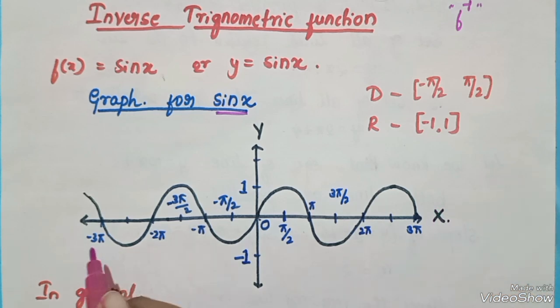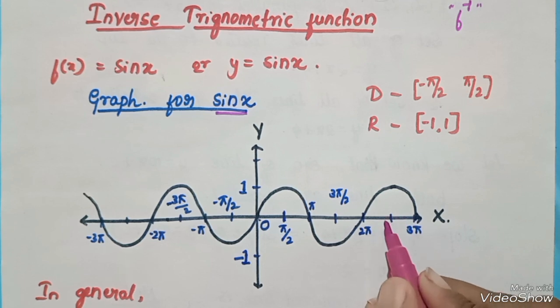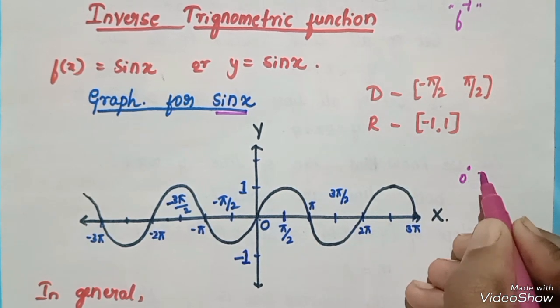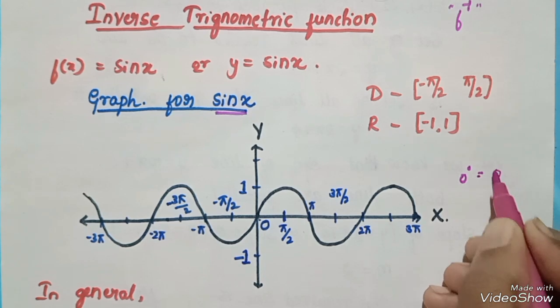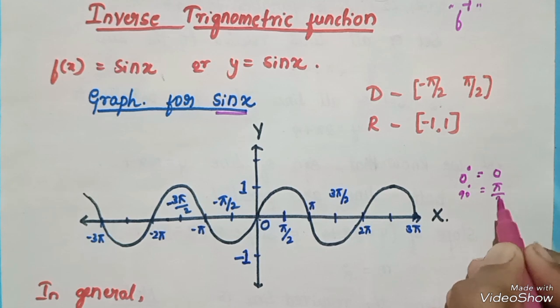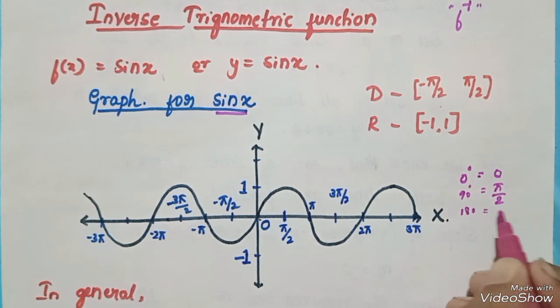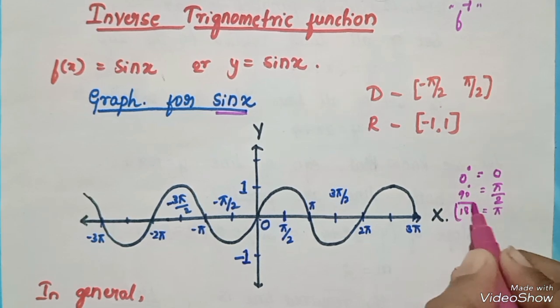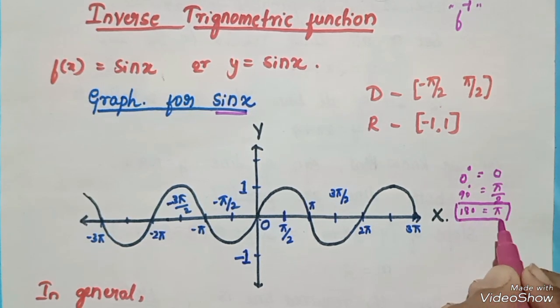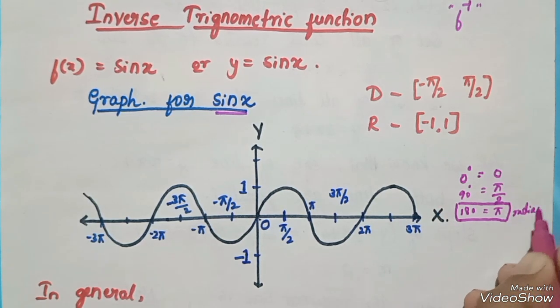The x values are taken in degrees or radians. Here 0 degree means 0, 90 degrees in radian is pi by 2, and 180 degrees becomes pi. We know the standard result that 180 degrees equals pi radian, because all trigonometric values are studied in radians.